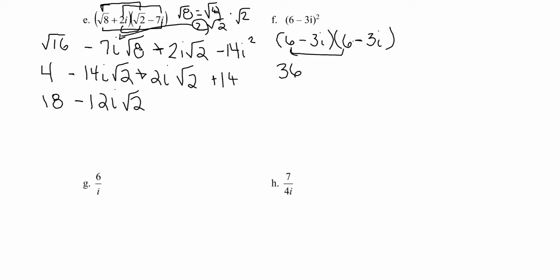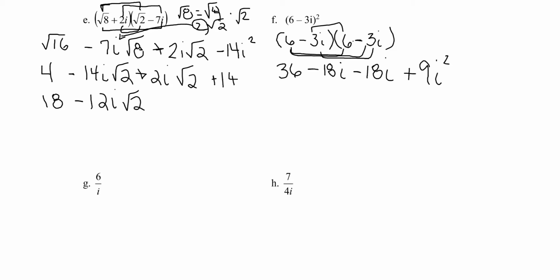And then 6 times negative 3i, so it'll be negative 18i. And then here we'll have negative 3i times 6, so I get negative 18i. And my last terms, negative 3i times negative 3i, will give me a positive 9i squared.